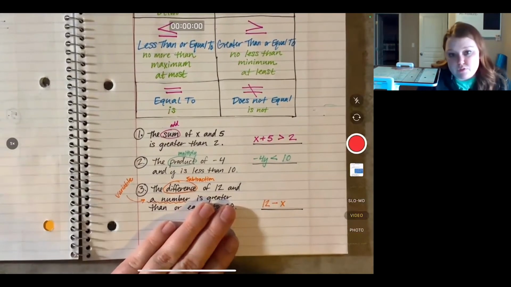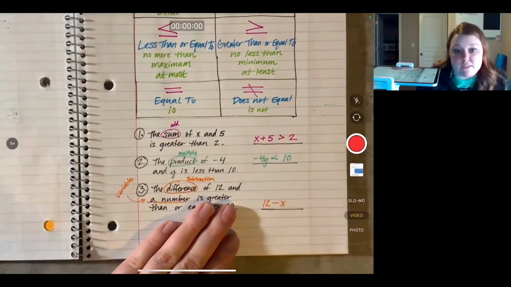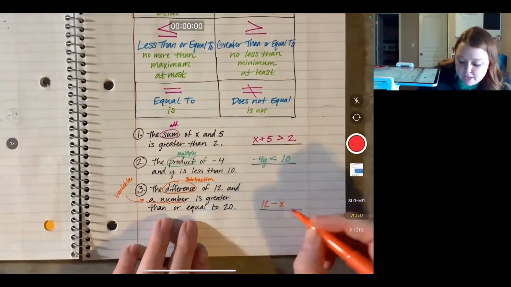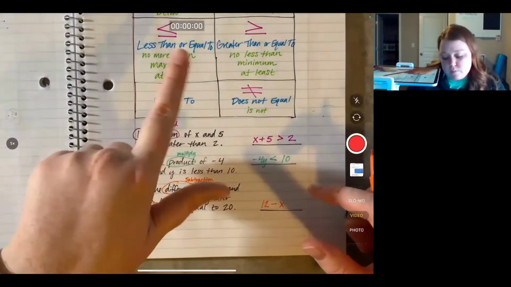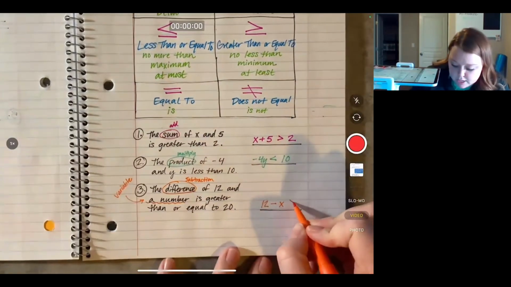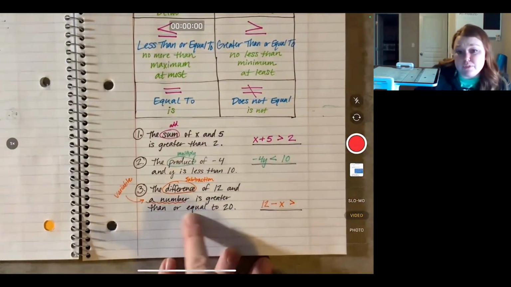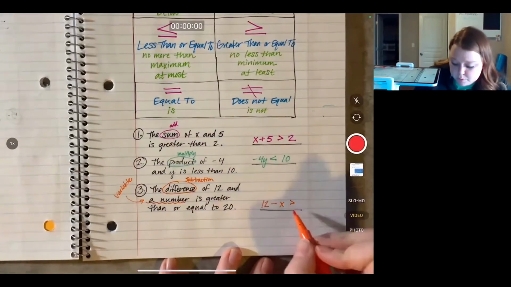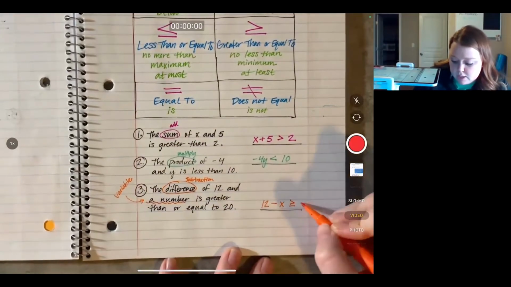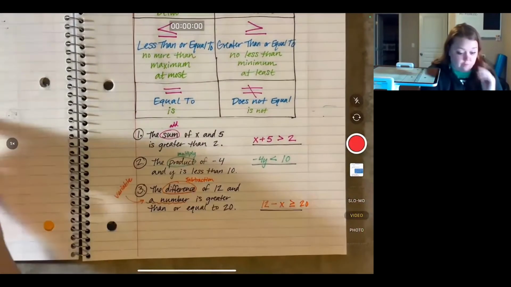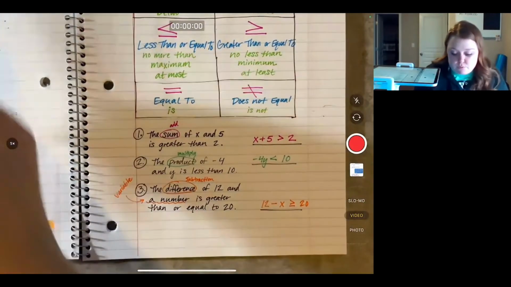But how it's written is just the difference of 12 and a number. So 12 minus x is greater than, okay, so L is this one, so greater than must be this guy, but it says or equal to, so it's either greater or equal. So we put that little line underneath and then a 20. 12 minus x is greater than or equal to 20.